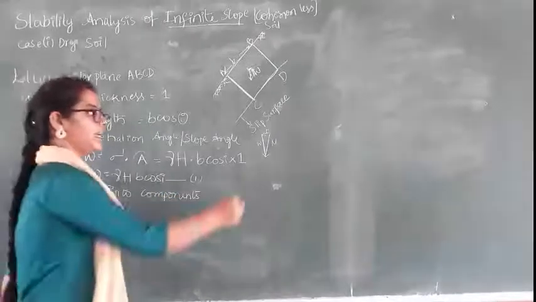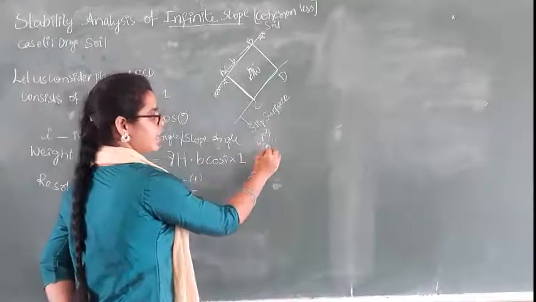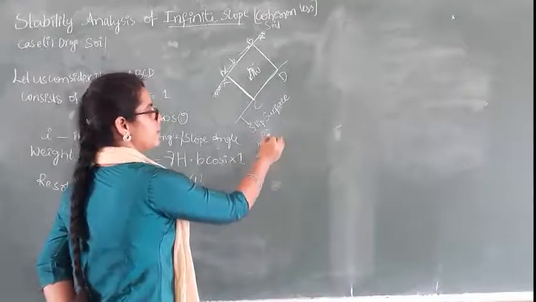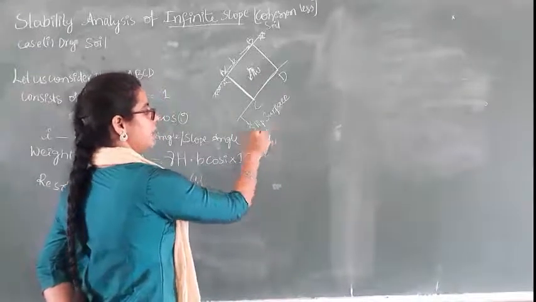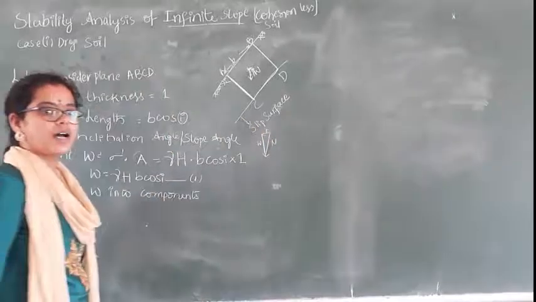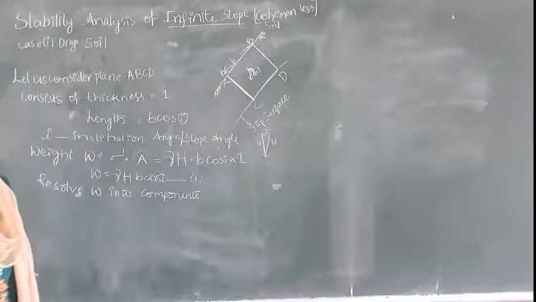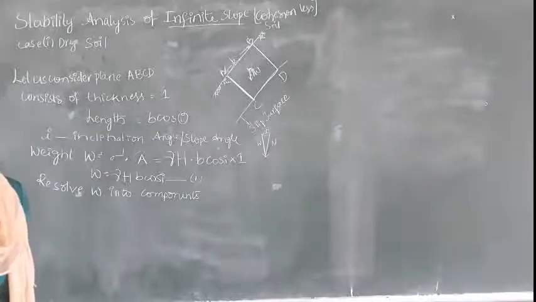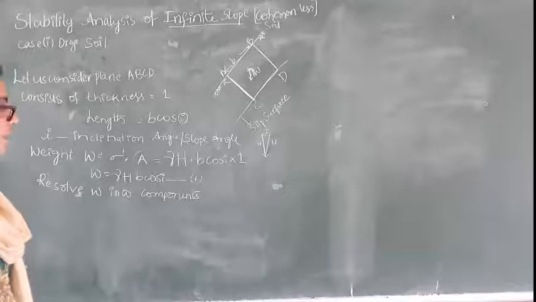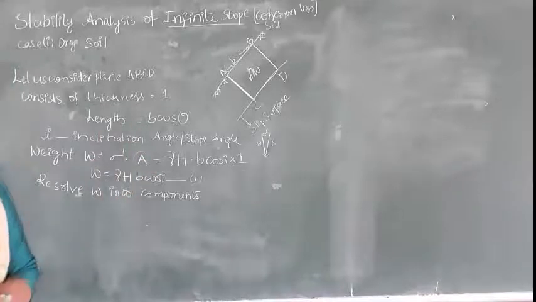If you see the diagram here, the weight is resolved into two components: one is the normal component and the other is the tangential component. Let us define the normal component and the tangential component in terms of weight.